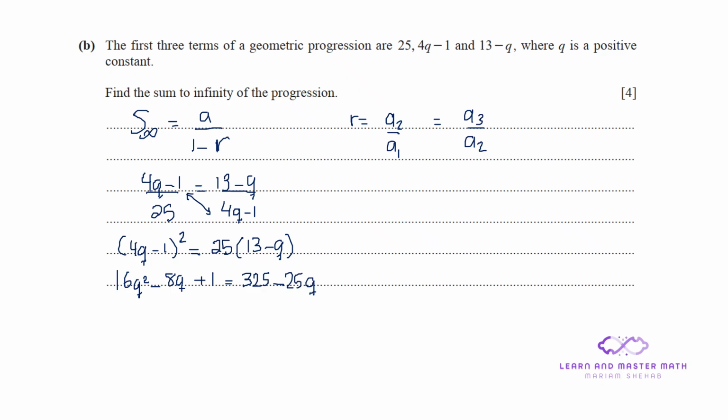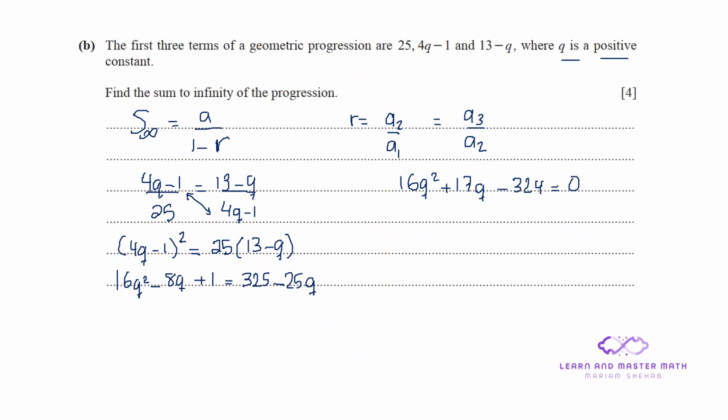You will result with a quadratic equation. Don't forget that Q is positive, so that's information to keep in mind. So for your quadratic now, if you arrange your work, you will result with 16Q squared plus 17Q minus 324 equal to 0.